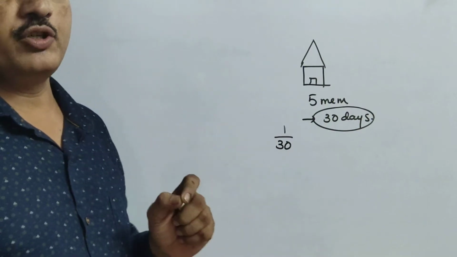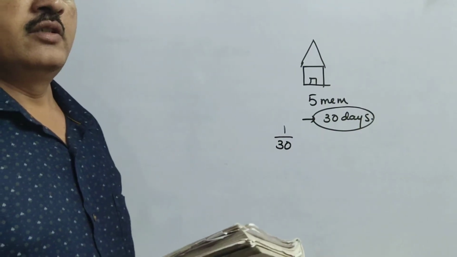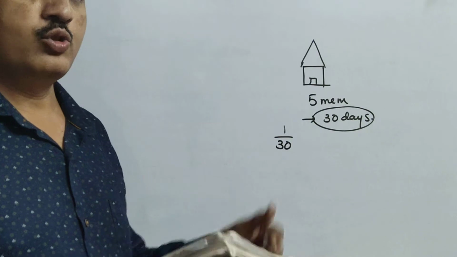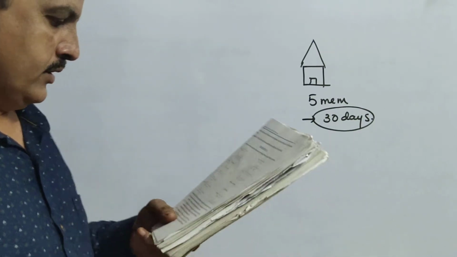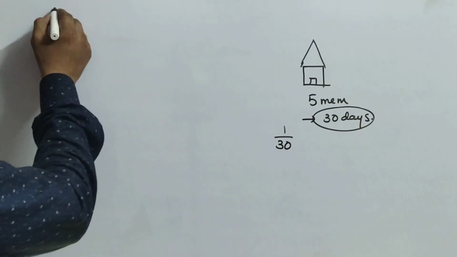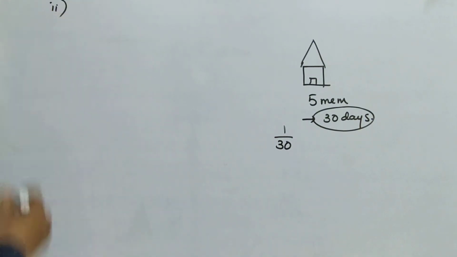Already this type of question we discussed in some other exercise, like 2 taps, larger diameter and smaller diameter. Okay. Next, coming to the second question, what do we have to take now? X. Okay. Listen very carefully now.